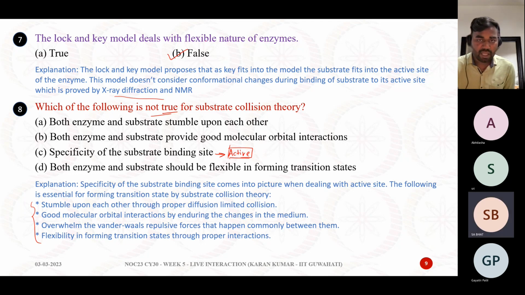And as we discussed, the lock and key model does not consider the flexibility of enzyme and substrate. That is why the substrate and enzyme both should be flexible in forming the transition state. If they are not able to form it, then the product will not be able to form. This is what you also observe in the enzymatic mechanism. When I discuss the serine protease reaction, you will see how serine proteases such as chymotrypsin and lipases do the catalysis.